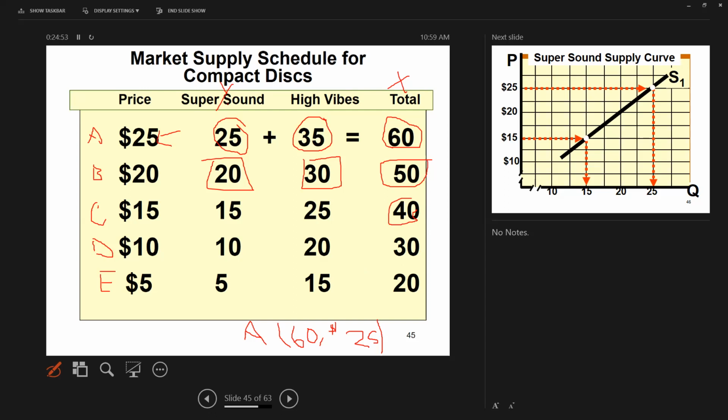The y value always comes second, that's price. So go ahead and, on a piece of paper, write down the coordinates for points B, C, D, and E, and then we'll graph them in a second.